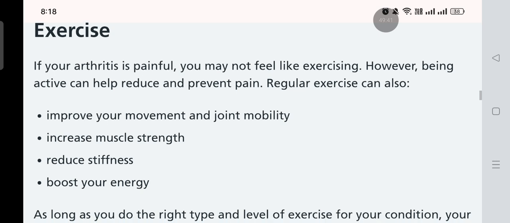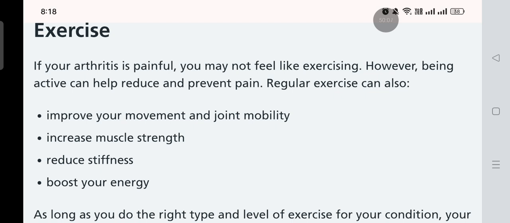Exercise. If your arthritis is painful, you may not feel like exercising, but it can help reduce and prevent pain.